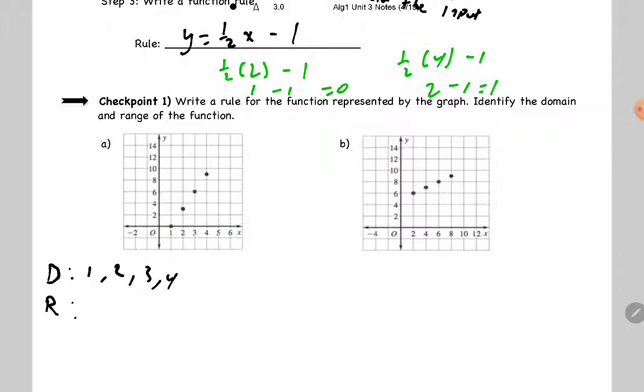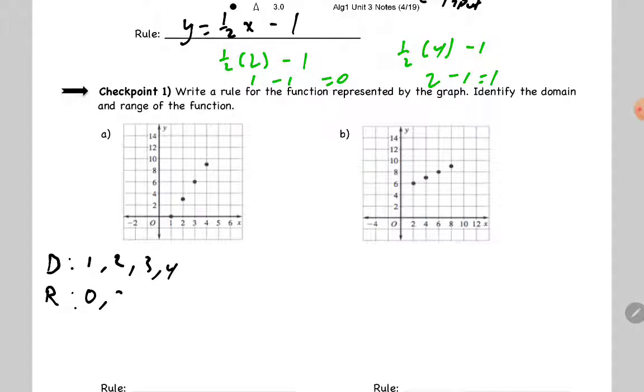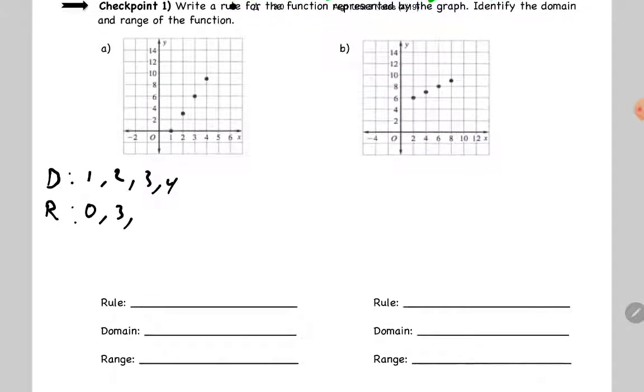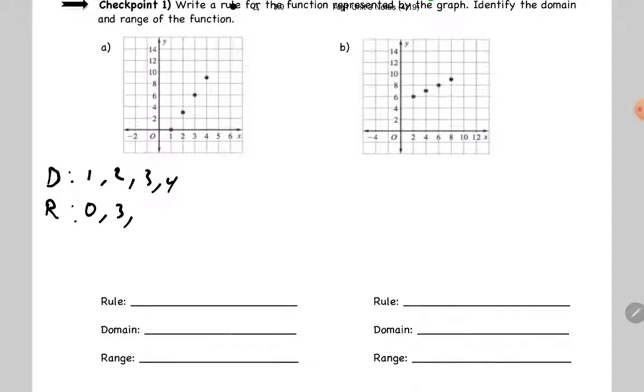And then our y values are 0, 3. Oh, there's actually space. Well, let's put those down here. 1, 2, 3, 4. And our range is 0, 3, 6, and 9.